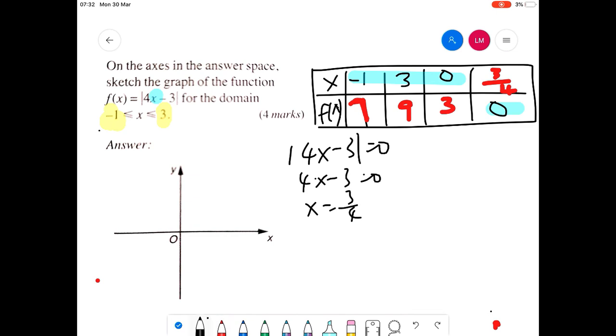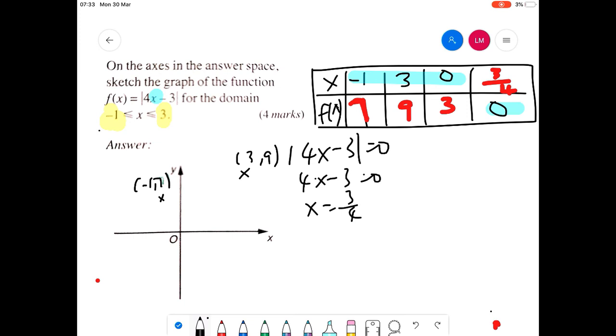Okay, so here, you are going to see that negative 1 is 7. So when you have negative 1, which is 7, you plot negative 1, 7. You just mark a point first. Negative 1, 7. Now, when it is at 3, it will be 9. So 3 and 9 is supposed to be higher. Okay, your point should be higher than 7. This is 3, 9.